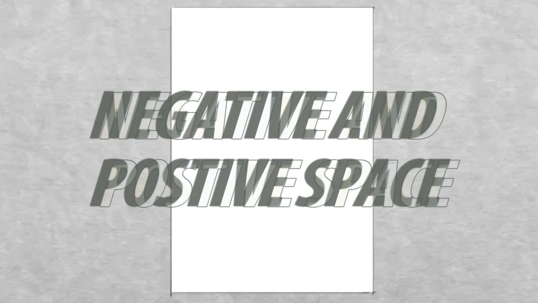Hi everyone, Sakuriasen here, and in today's composition lesson, I'm going to be covering negative space and positive space. So right now, I just have a blank piece of paper, and there's nothing negative or positive about it. But if I go ahead and add a black circle, now this black circle becomes the interest.